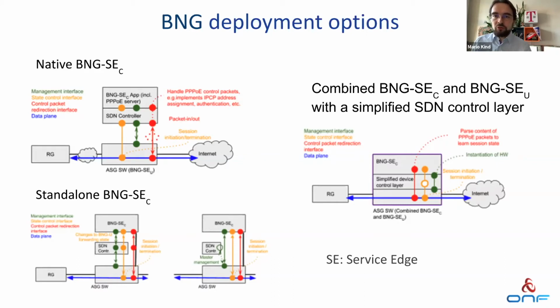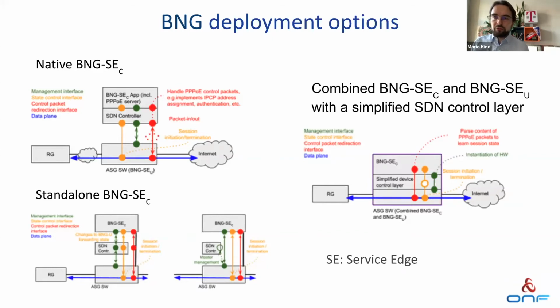So there are in principle two options. The management itself on the left side is still the management, and the state control programming is still going through the SDN controller when it's enforced on the user plane. That has the beauty that the SDN controller knows about all the things and can correlate them with, for example, other alternative control planes which want to use the user plane.